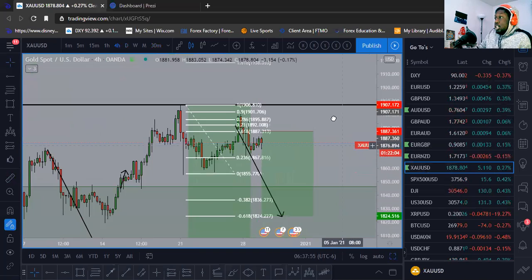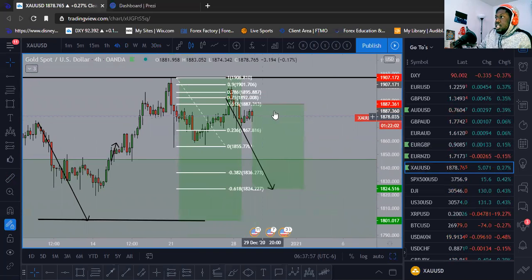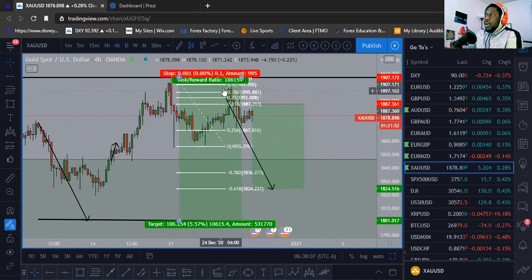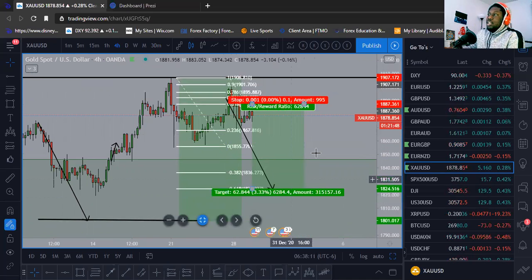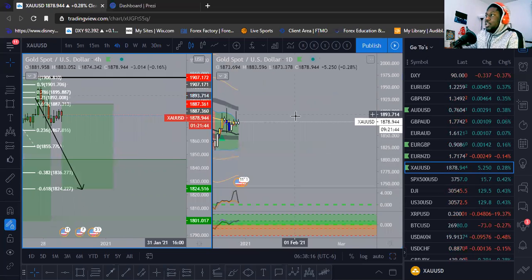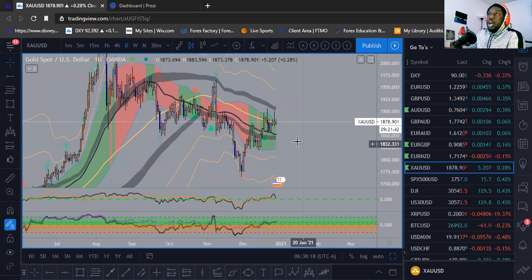And I still think this is gonna drop, but it looks like it's gonna get hit at break even. So if you're still in this gold trade from yesterday, take your profits because I feel like the stop loss is gonna get hit. But I do see that there's an order block right here at the 78.6. I still think this is gonna drop. So that's just it for gold, but I'm not crazy over trading gold right now, to be honest.